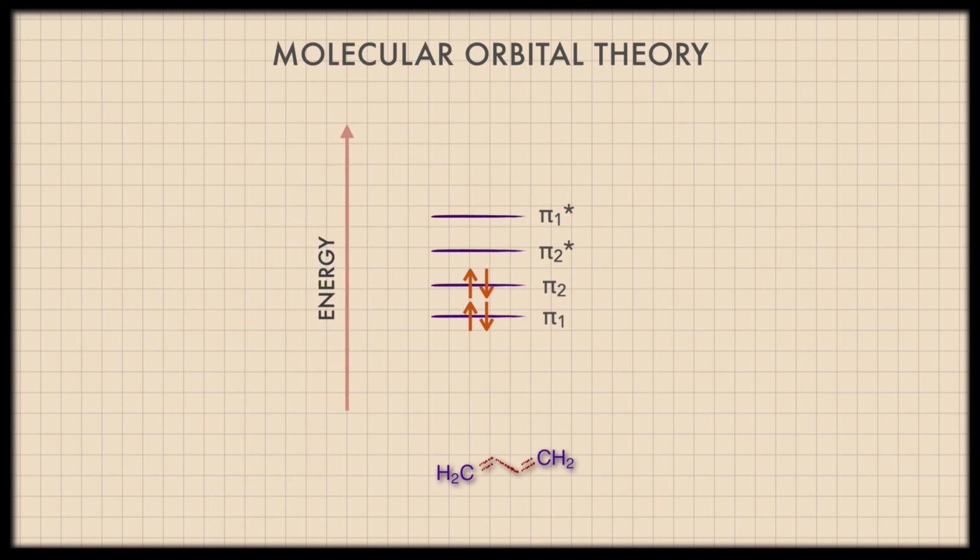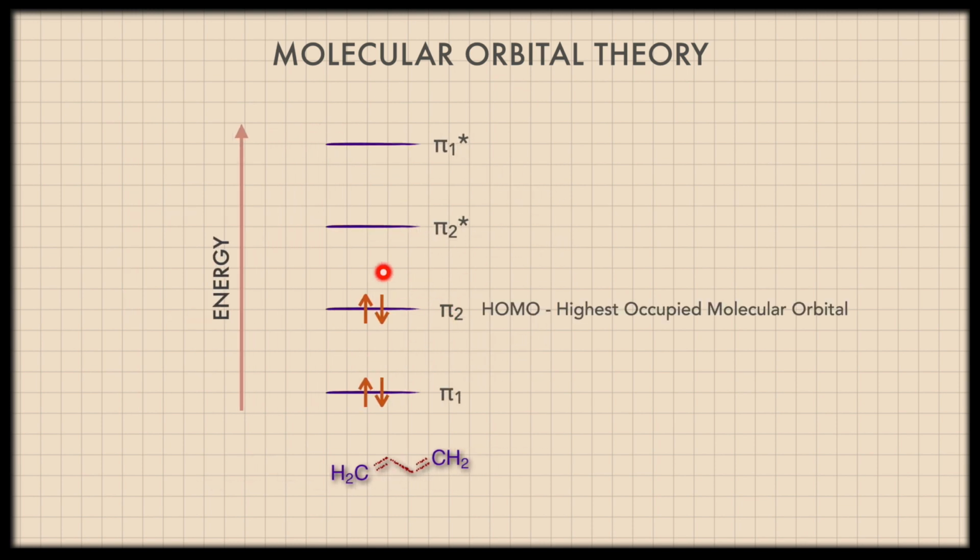If you consider the pi molecular orbitals, the highest occupied molecular orbital, or in short the HOMO, is the most important molecular orbital. Next to that is the lowest unoccupied molecular orbital, the LUMO. Now why are these two orbitals important?